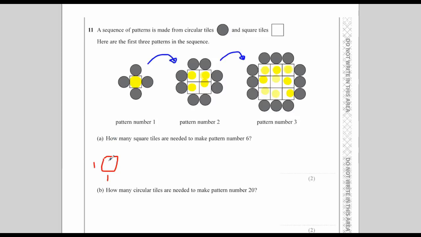So the area inside is 1. This one here, let's take it to the side. Again, that's 2 by 2. So 2 times 2 is 4. Can you see? 1, 2, 3, 4.